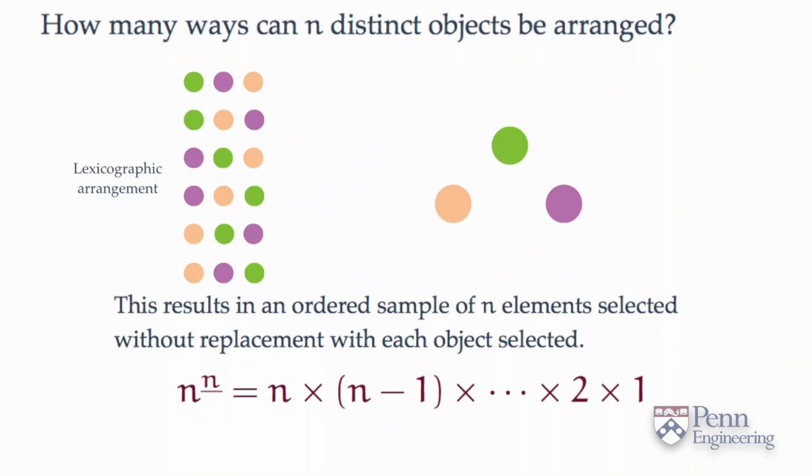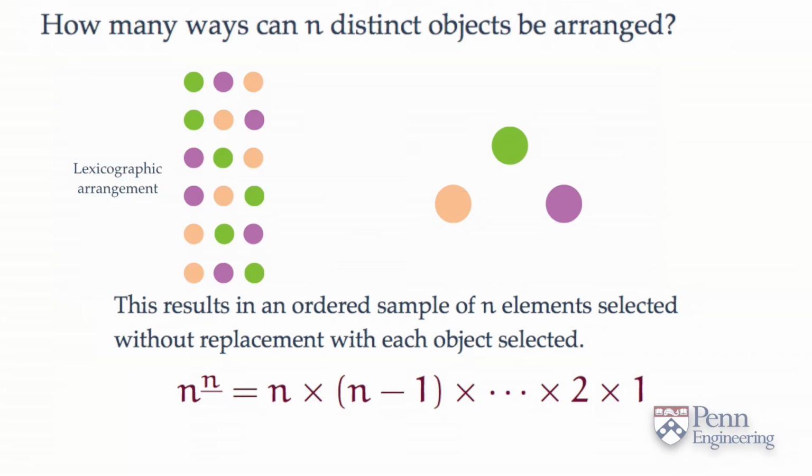Recall that this falling notation means that you start a product at n. The thing in the exponent tells you how many terms there are in the product. In this case, there are n terms in the product. And each term is one less than the previous term.